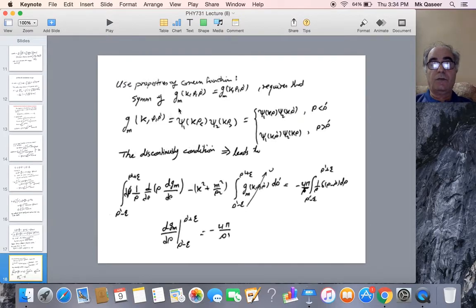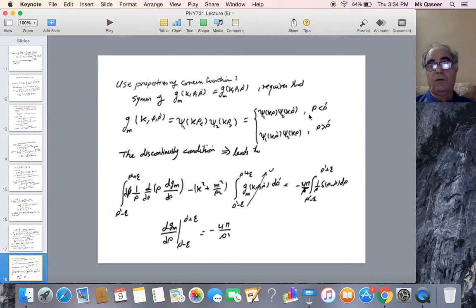The first property is the symmetry, that G_m(k, rho, rho prime) is G_m(k, rho prime, rho), or it's a continuity of this function. Now let G sub m be written as psi1 of k rho lesser, psi2 of k rho greater, which consists of two expressions.